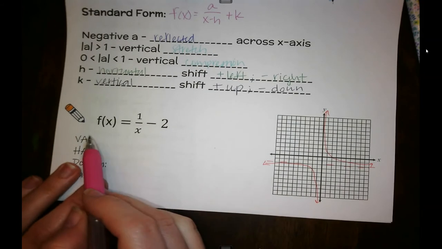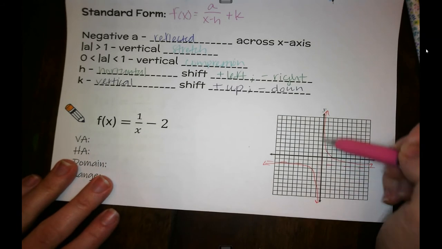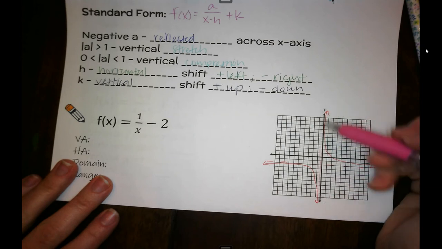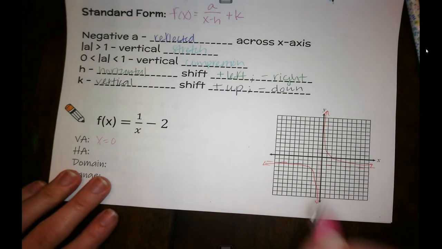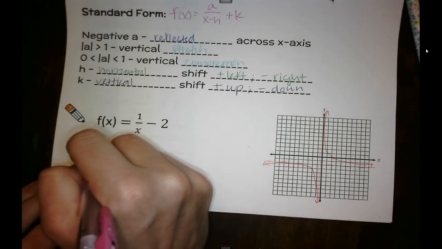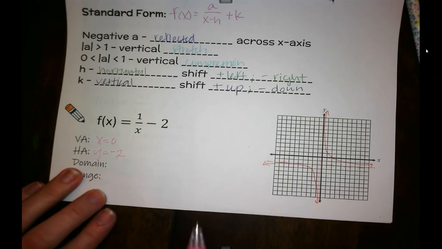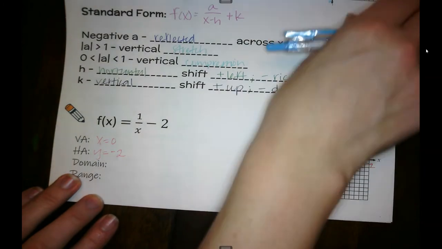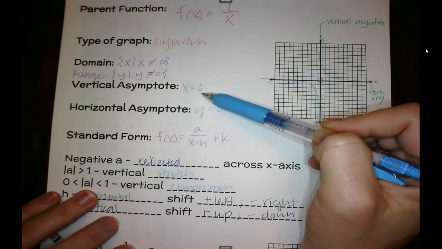So where's our vertical asymptote? Where vertical, remember, is up and down. So where does it not hit up and down? Same, x equals 0. And our horizontal asymptote, we moved it down 2, so it's negative 2. And then what is our domain? Remember what I said up here, that these two are correlated.